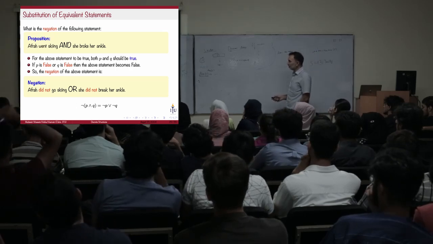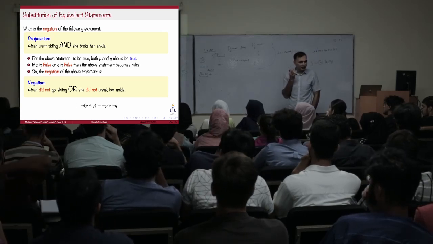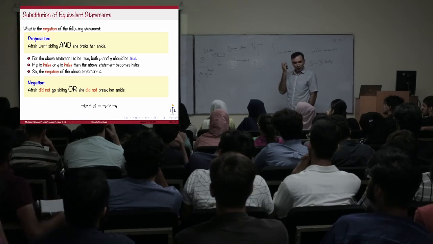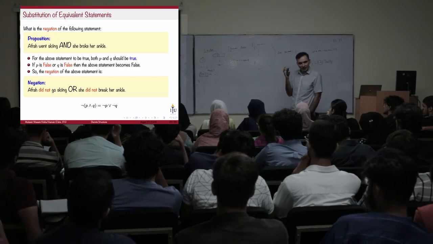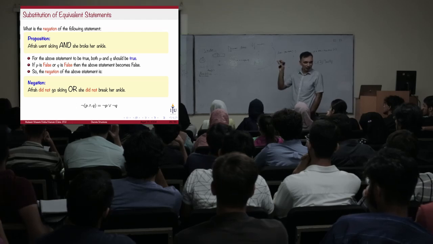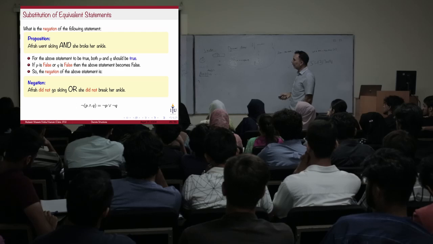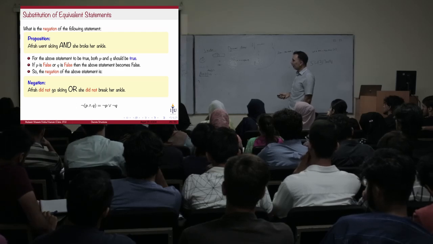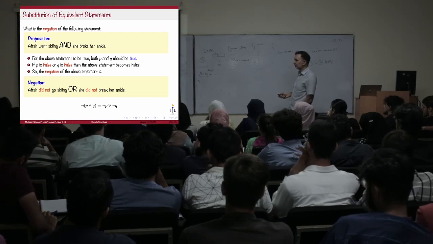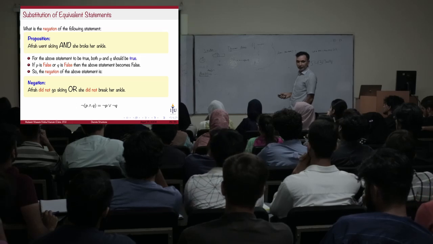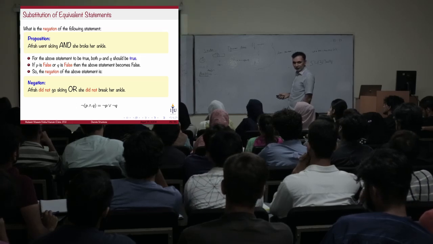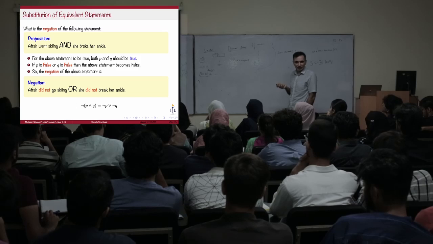So the above statement is true when both P and Q are true. Okay? When both of these statements happen, in those cases we'll say that this statement is true, right? We want the negation of that. So if P is false or Q is false, this statement would be false. Okay? That would be the case when the statement is false.